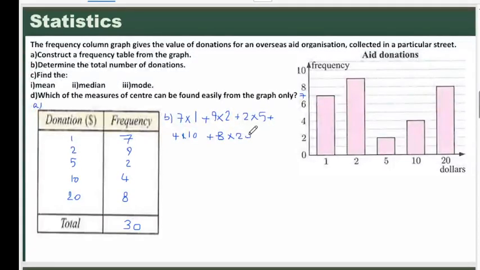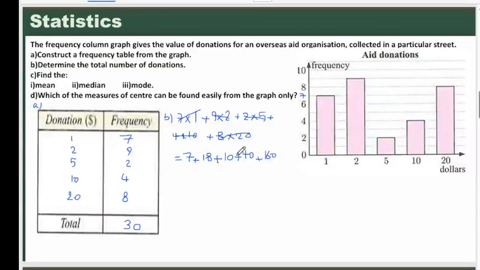The answer would be 7 times 1 gives me 7, plus 9 times 2 gives 18, and 2 times 5 gives me 10. And 4 times 10 gives me 40. And 8 times 20 gives me 160.